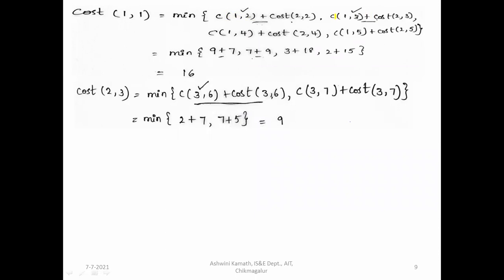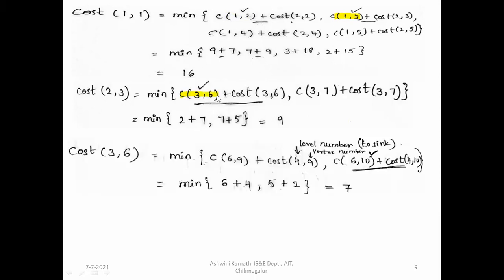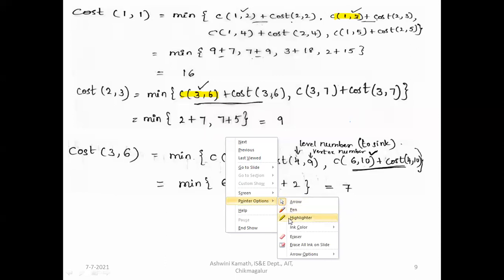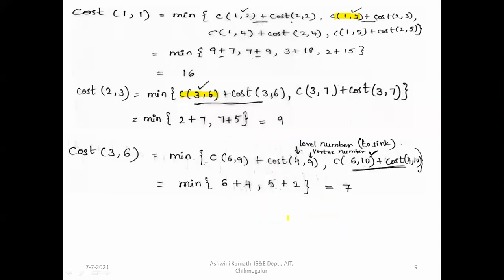So cost of 1, 3, in cost of 2, 3, 3, 6, C of 3, 6. This is another edge we have to consider, that is 3, 6, cost of 3, 6 we have to check. In 3, 6 we have got the minimum value from 6 to 10.